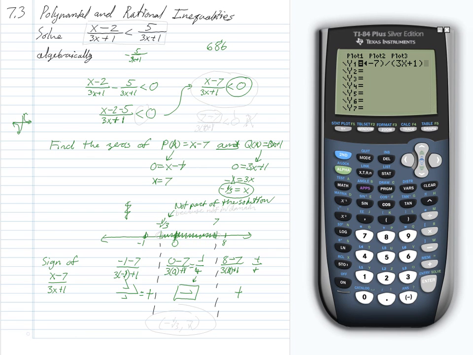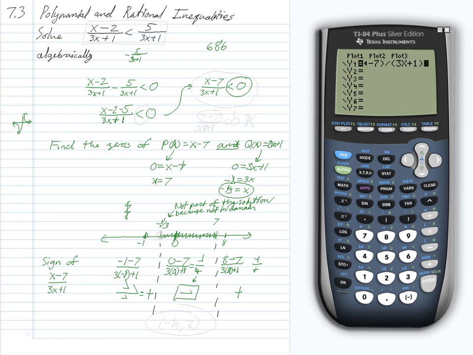And in fact, no zeros of the denominator are ever going to be part of the solution to these inequalities. They're not allowed to be plugged in at all. So they definitely can't satisfy our inequality, because they are not in the domain.